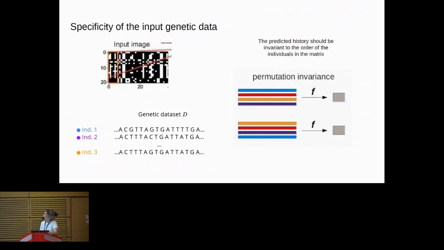So if I permute the lines of this matrix, I should actually get the exact same answer because they correspond to the same population. Okay. If I permute the columns, then it's not the same because we know there is some dependency on the genome that makes sense, and that is actually very informative.